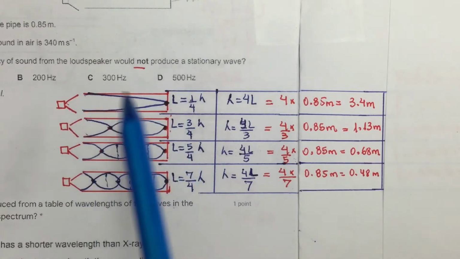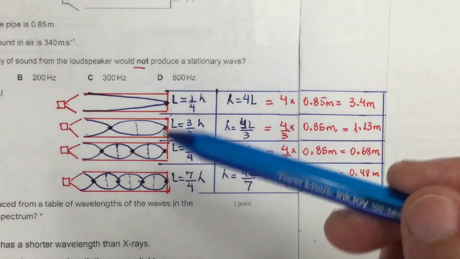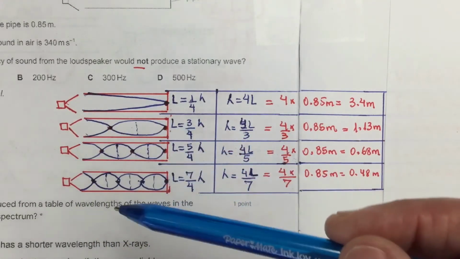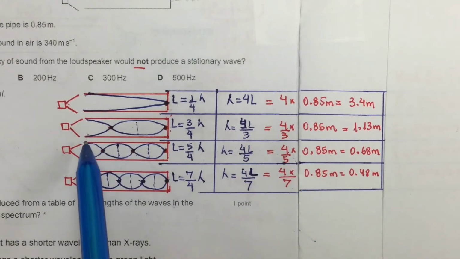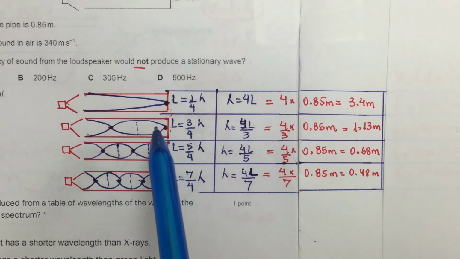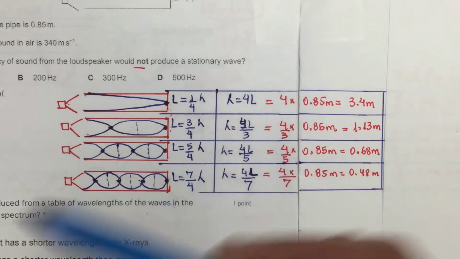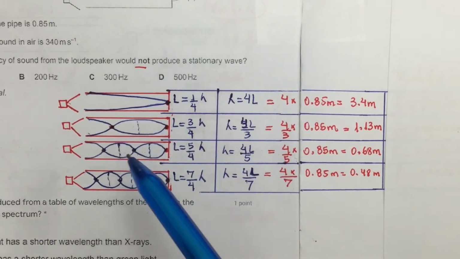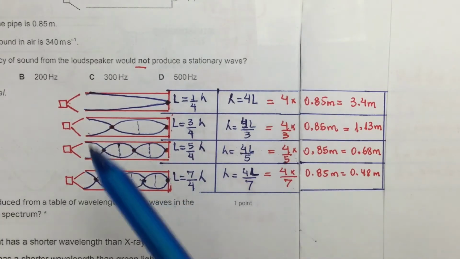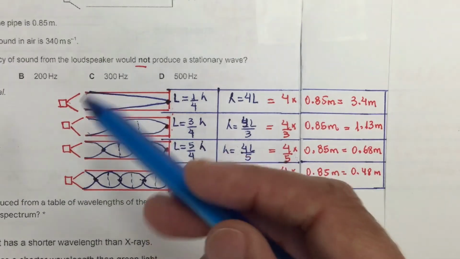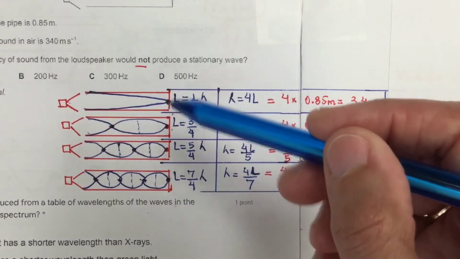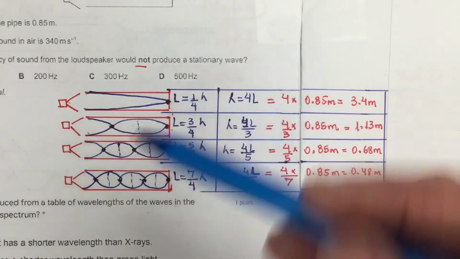So based on that information, you can draw a sequence of stationary waves as long as you keep here the antinode and this the node. So what I did is, like I explained before, I drew all these waves based on this information. Antinode, and the end of the pipe, because it's closed, is a node.